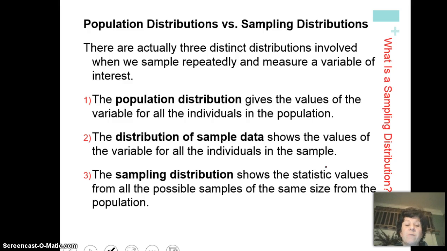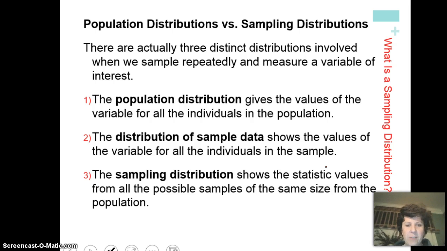Make sure you know the difference between a population distribution, a sample distribution, and a sampling distribution. It's so important. There are actually 3 distinct distributions involved. The population distribution is, of course, the whole population. It gives the values of the variable for all individuals in the population. The distribution of sample data shows the values of the variable for just one individual sample.